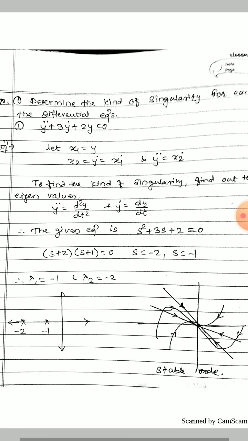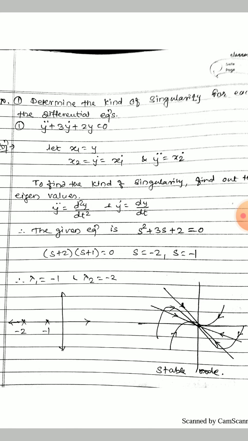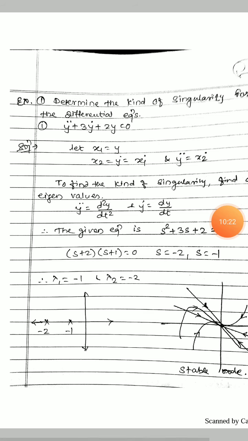So let us see one example. Determine the kind of singularity for each of the differential equations. The first equation is given as y double dot plus 3y dot plus 2y equal to 0. For finding the singularity, first we have to check the order of the system.